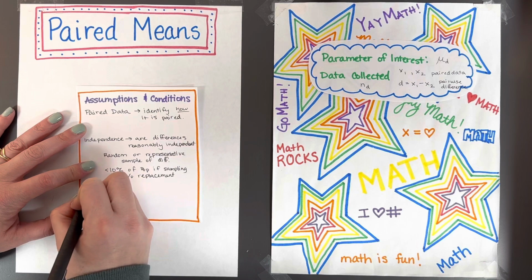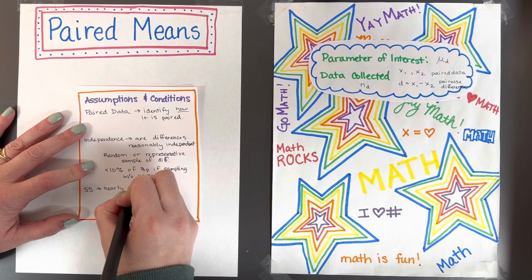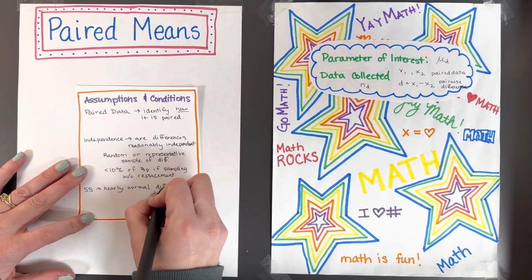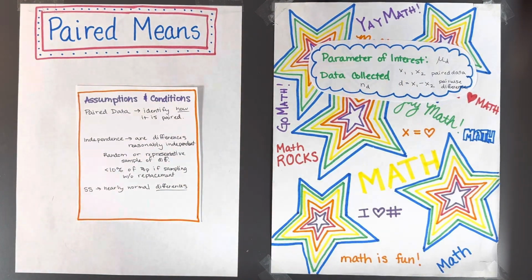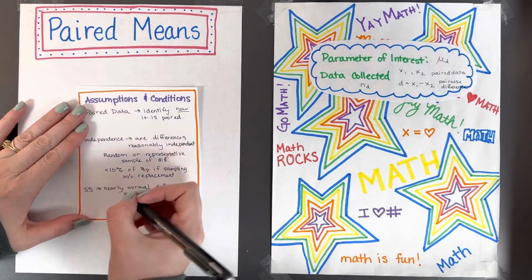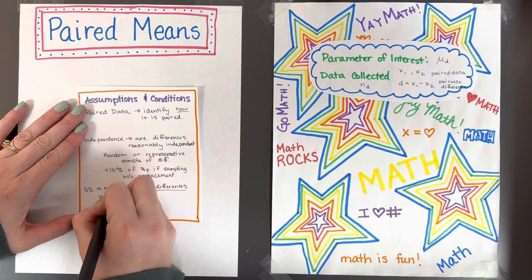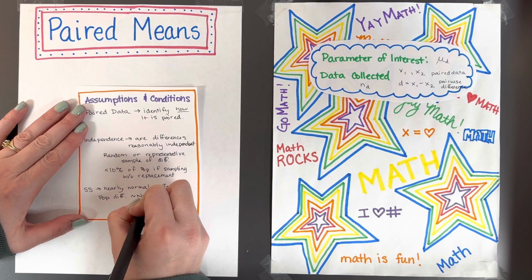And the last criteria, the sample size, is checking nearly normal for our differences. And it's really important here: we are not checking the distribution of x1 and x2. We are checking the histogram. We are checking normality for our differences. So we are looking for our population of differences to be approximately normal.